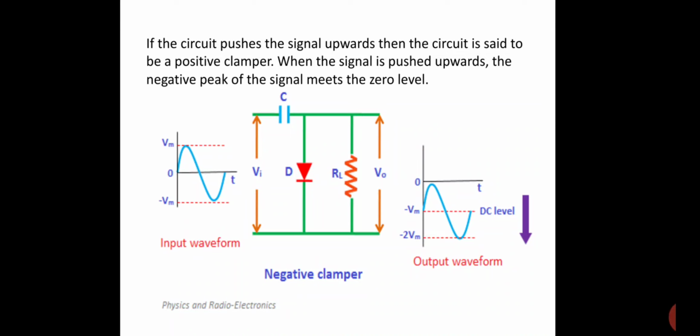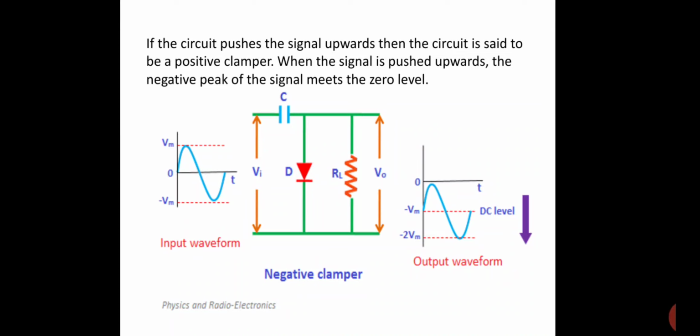The input is minus Vm, the capacitor value is Vm, and both values appear across the output in the negative direction, minus twice Vm. So in this circuit the output appears in the negative direction, minus 2 Vm, and in the positive direction the output is 0.